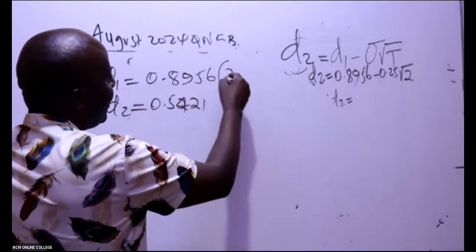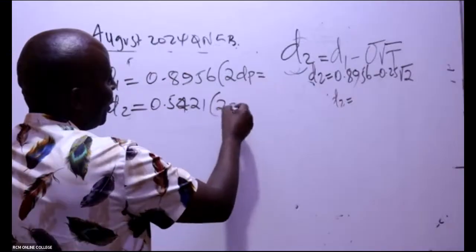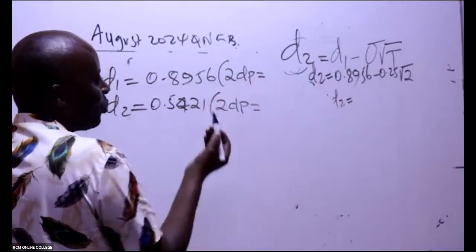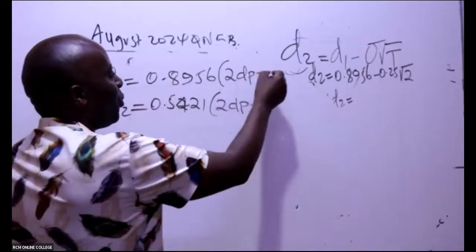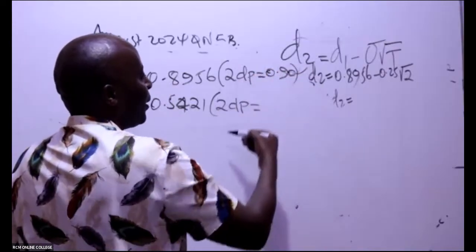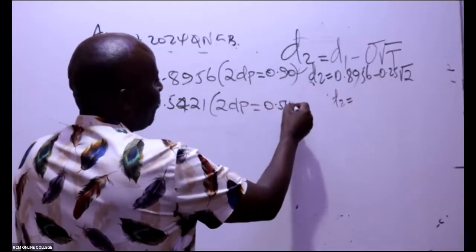Please now change these to 2 decimal places, for us to be able to read this from our tables. So D1 will be 0.90, and D2 will be 0.54.